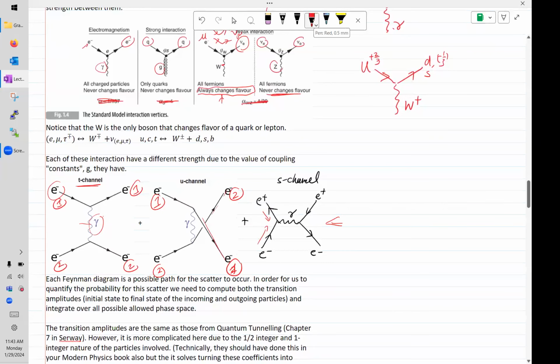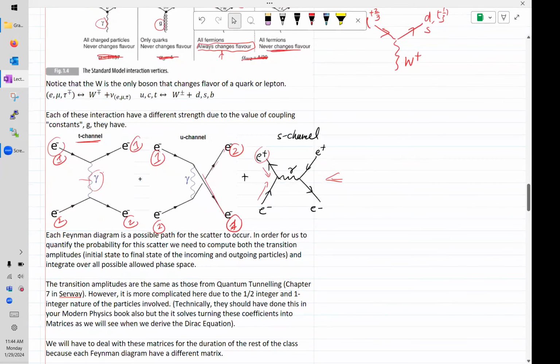You notice that even though the positron here is coming into the vertex, I'm drawing the arrow going out. Anytime there's going to be an antiparticle, it's always drawn with the arrow going out, so these arrows are actually tracking particleness moving around. That makes sense. And we're going to see why it is completely necessary for us to have antiparticles in our universe, and that's the only way these will work.